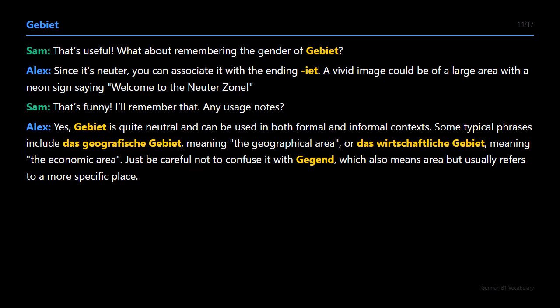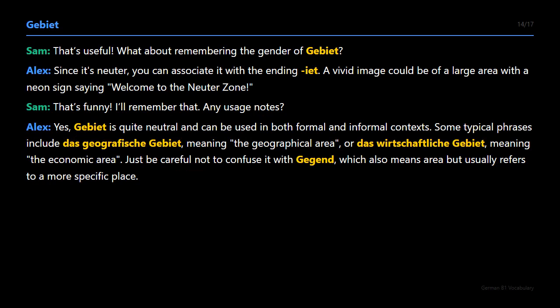Any usage notes? Yes, Gebiet is quite neutral and can be used in both formal and informal contexts. Some typical phrases include Das geografische Gebiet, meaning the geographical area, or Das wirtschaftliche Gebiet, meaning the economic area.